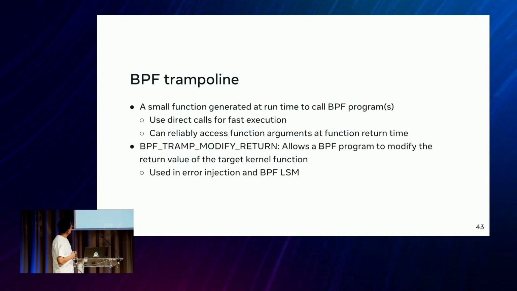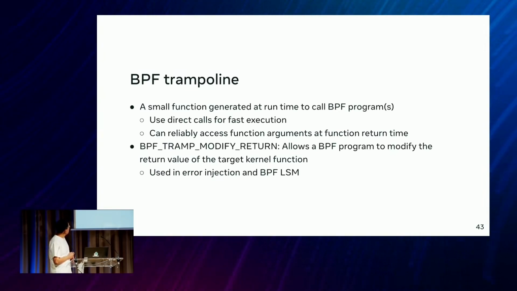Second, this provides reliable access to function arguments at function return time. If you use kprobe, you sometimes have to save your arguments if you trigger a return hook and put them together. With the BPF trampoline, you don't have to do that.